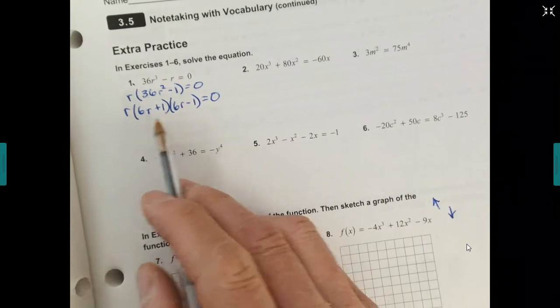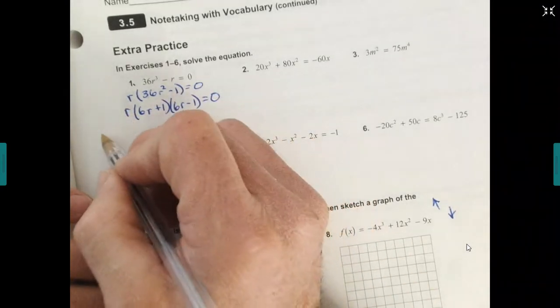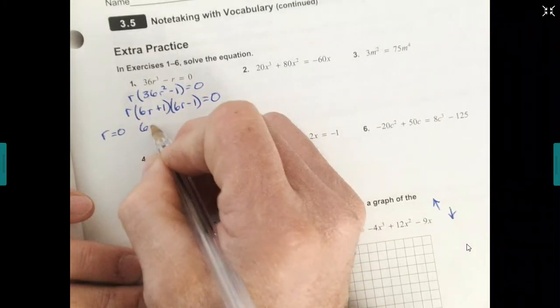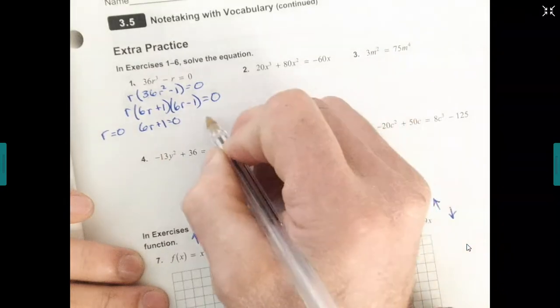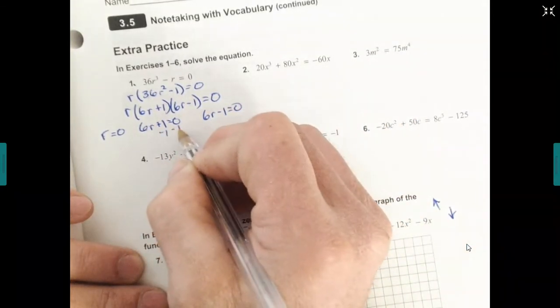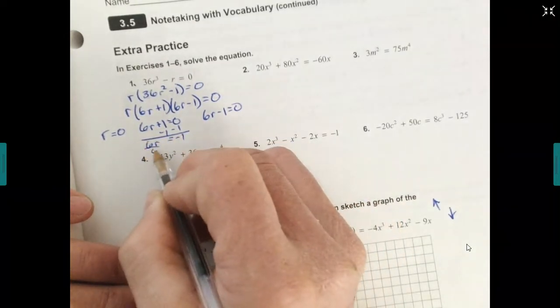Now where does this cross our x-axis? Well, r equals 0. And then 6r plus 1 equals 0, and 6r minus 1 equals 0. Minus 1. 6r equals negative 1. Divide by 6.